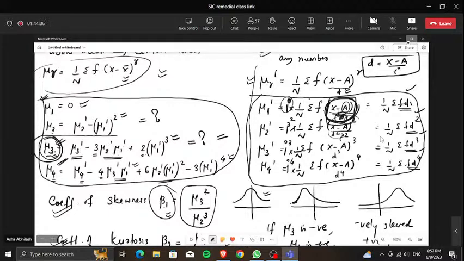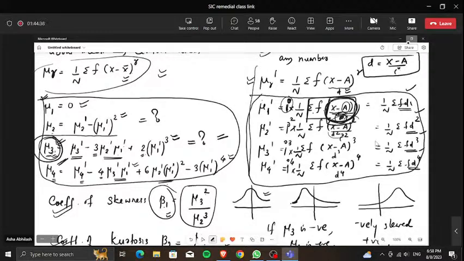Then obviously you will have a value here after summation. Whatever you are getting, you have to multiply it by I. Then only will you get your actual mu1 dash, because you are reducing the values. Is that part clear? You are not only taking the deviation, but the deviation divided by some value, so it will be a very small value. That will be easy for the calculation, but you have to get the actual value too, right?